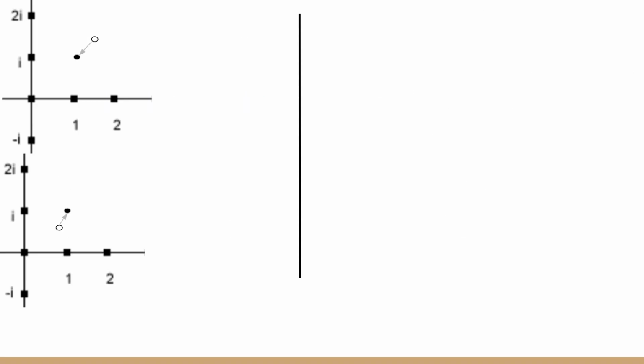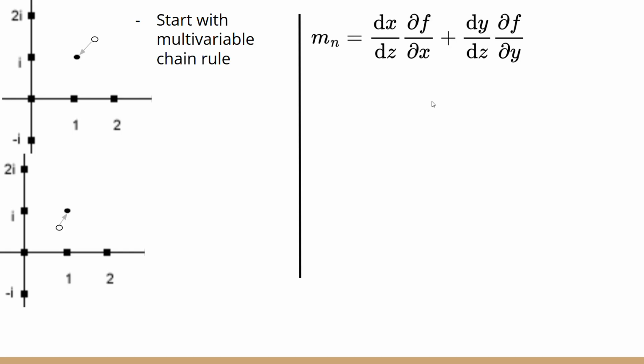But now, can we generalize our findings to different directions? It turns out we can by resorting to something called the multivariable chain rule, right? So this is the form for the multivariable chain rule. Now you're going from a general direction. You're not approaching from a very special direction, like delta y equals 0 or delta x equals 0.